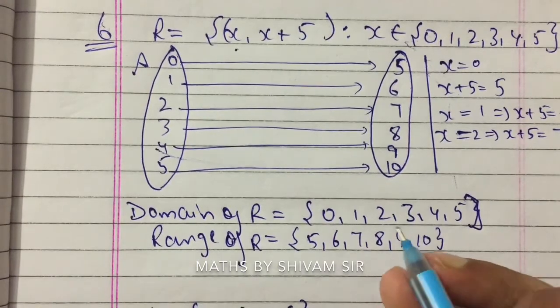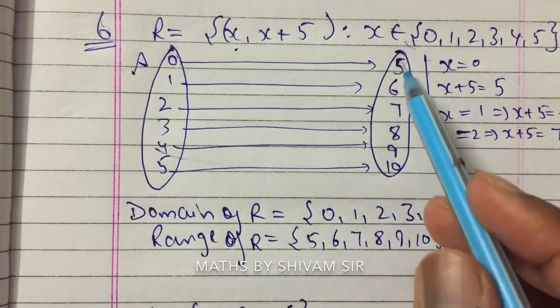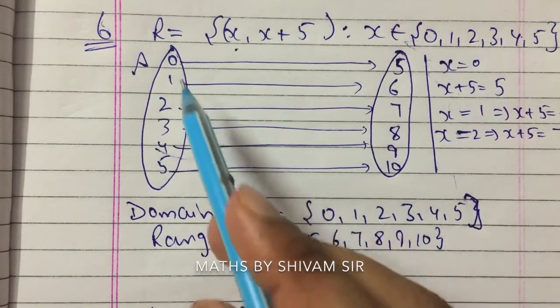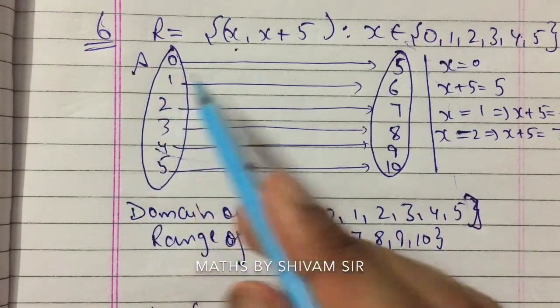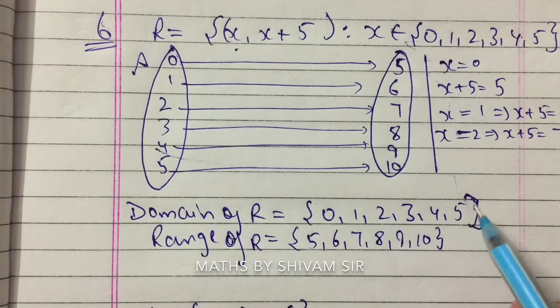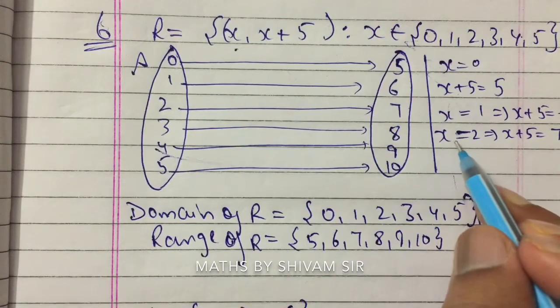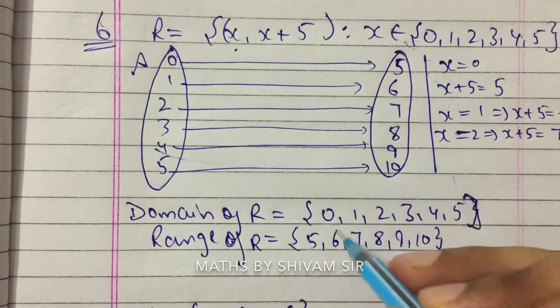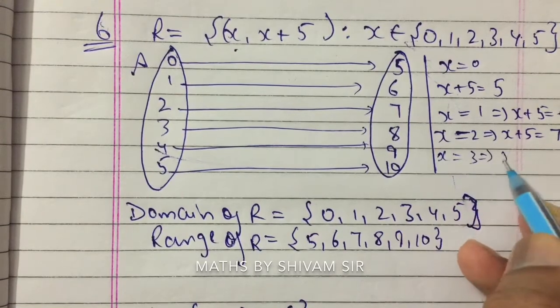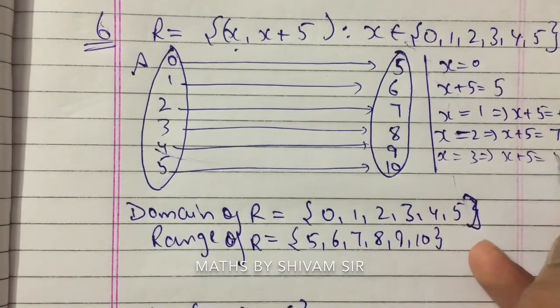All the elements of this set having images, having a relationship with this set are range. All the elements of this set having images in this set are domain. So this I have explained already. So you can use this method also to find the domain and range, and to find relationship. X is equal to 3. So x plus 5 is equal to 8.